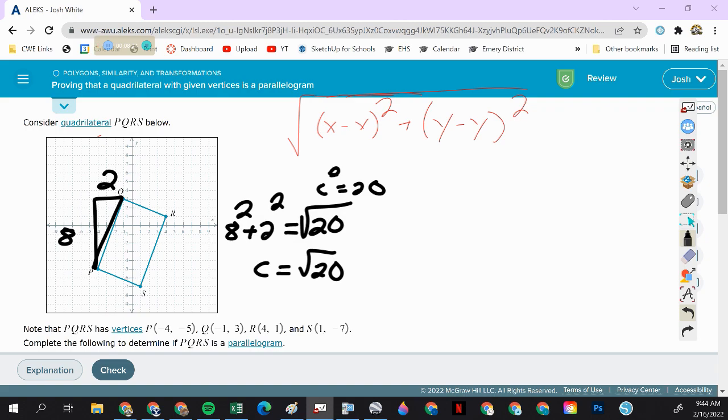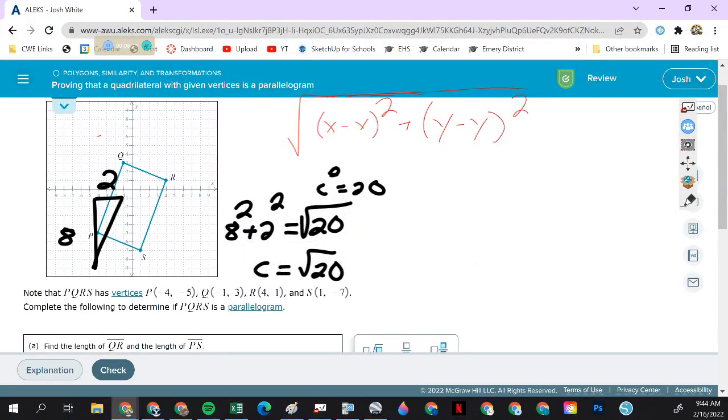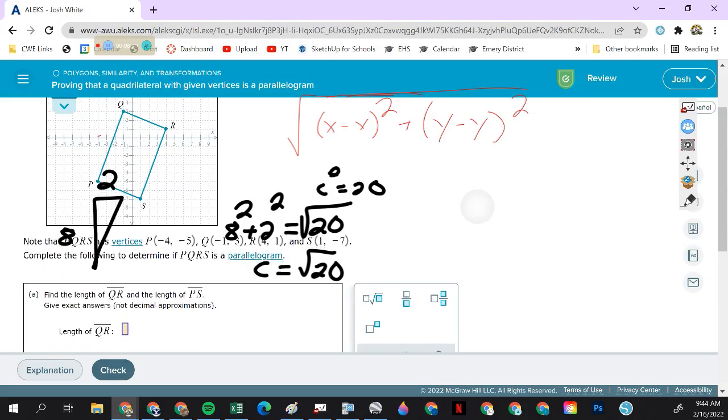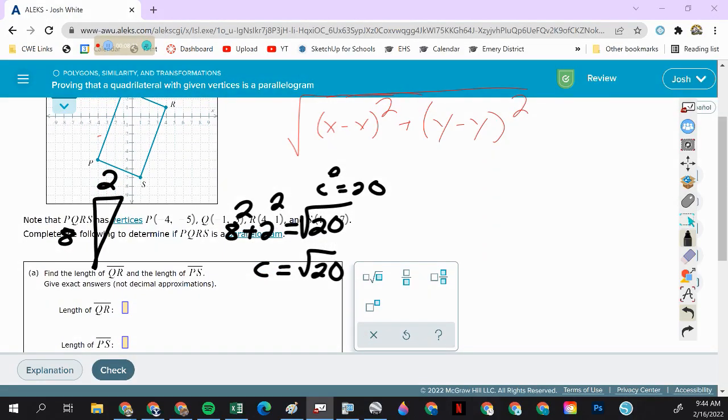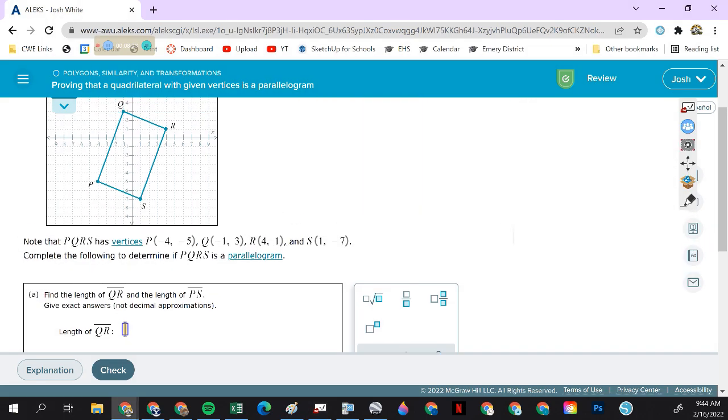Okay. So down here, it wants to know QR. Oh, I did the wrong one. I'm sorry, guys. I am failing today. All right, it wants me to find QR and PS.